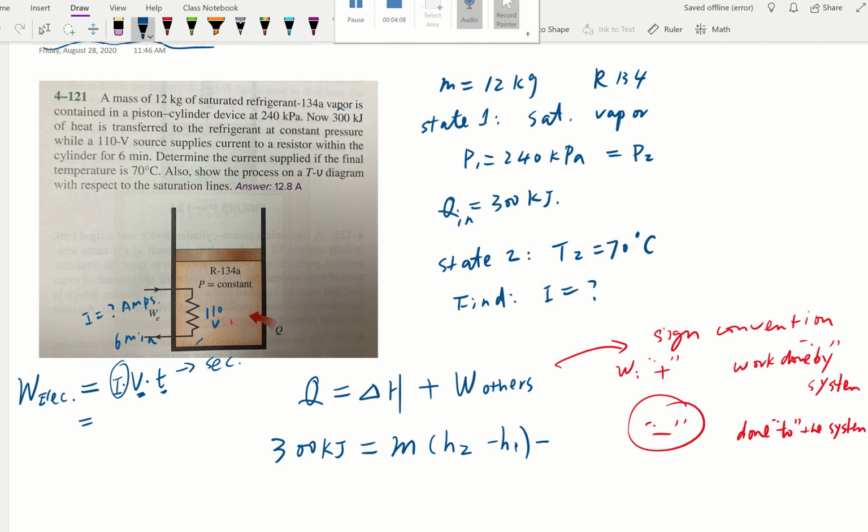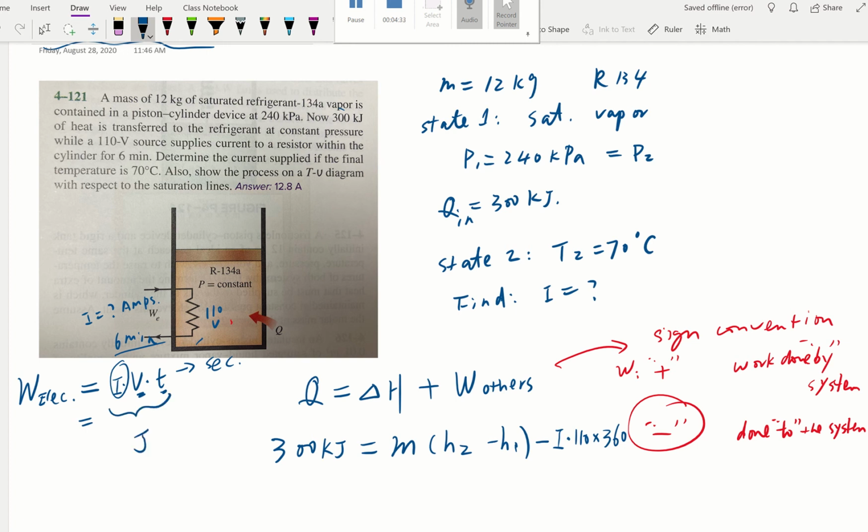And we're trying to solve for the amps, so write down I. That's what we're solving. The voltage is 110, and the time is 6 minutes. 6 minutes is 360 seconds, right?